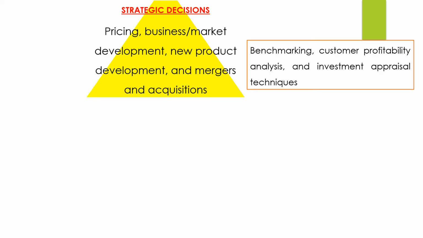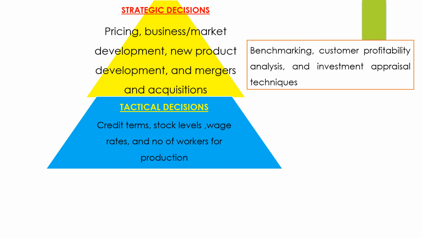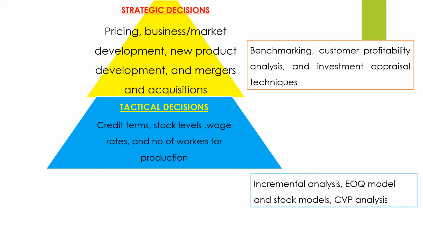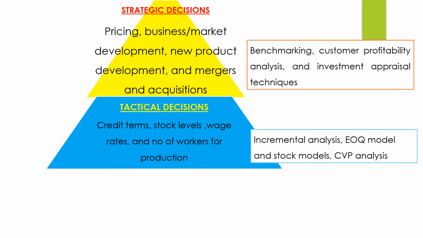At the tactical level, they make tactical decisions such as credit terms, stock levels, wage rates, and the number of workers for production, etc. For those decisions, they use incremental analysis, EOQ models and stock models, and CVP analysis.